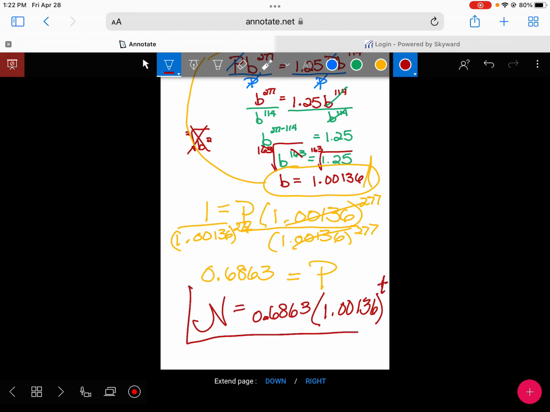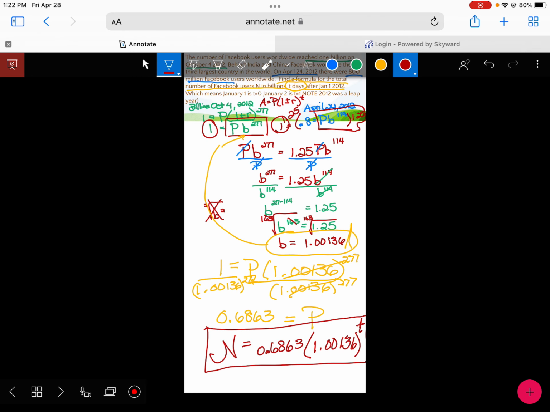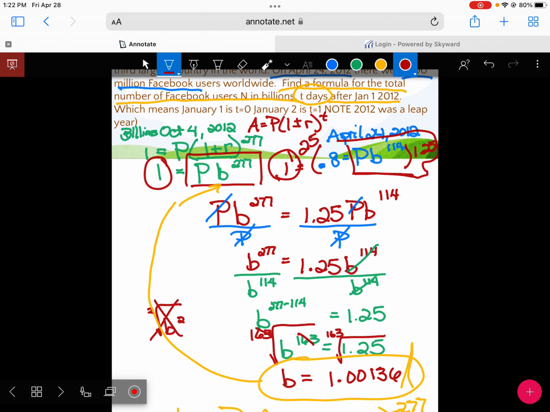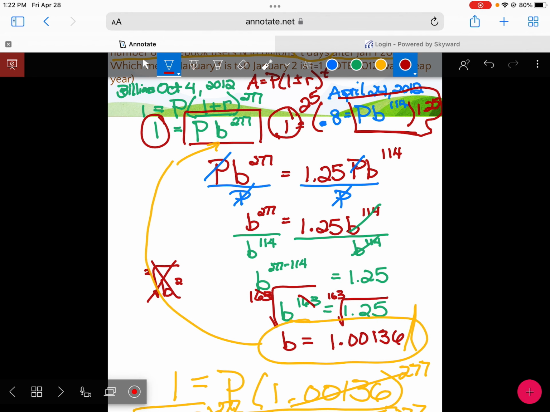And again, this is a lot, but I think you can kind of figure it out, and I will have this up, and the video will be up too. You can figure this out once you get past multiplying by 1.25.